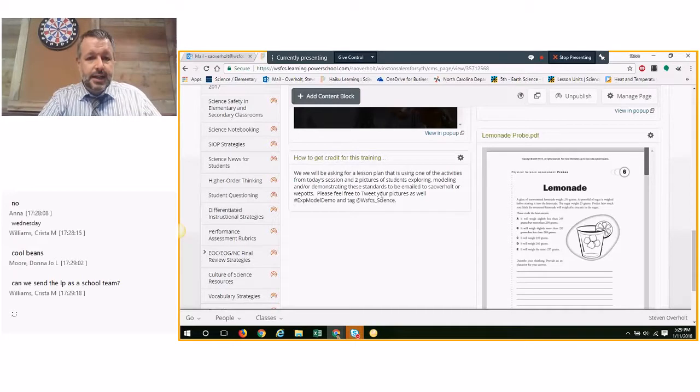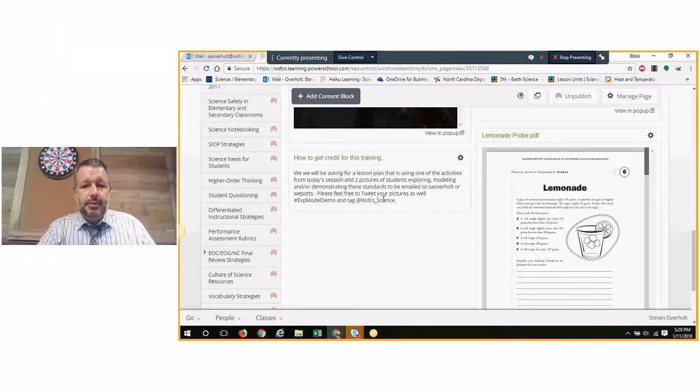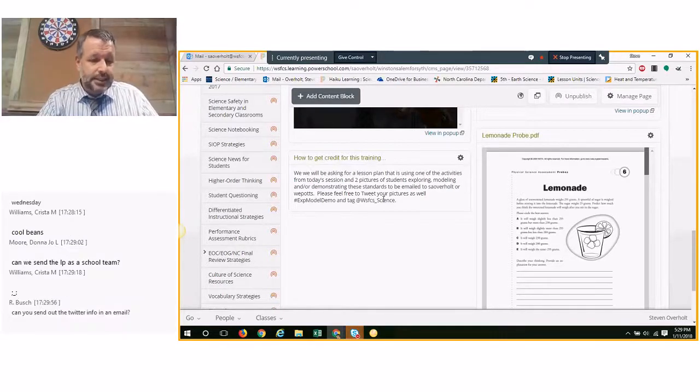With those pieces in place, we're going to leave this page up for a while. We're going to ask for this by the middle of February, the end of our unit. We're going to leave this training open until then for you to give us your lesson plan and the 2 pictures of students exploring, modeling, and demonstrating your standards before we close out this unit.